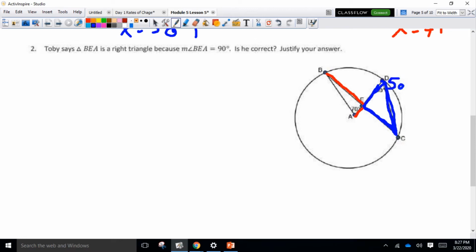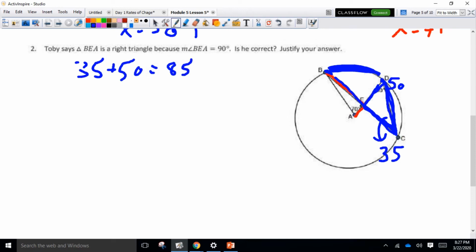Let's not forget that. Okay, so if this is 70, makes this arc up here, the same arc as down here, as this angle. That makes this guy 35. It's half of 70. So if I add 35 plus 50, I get 85.